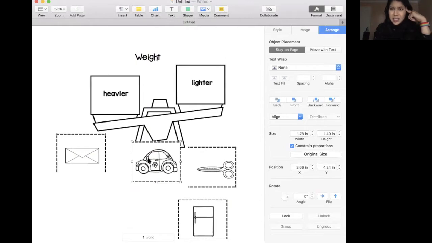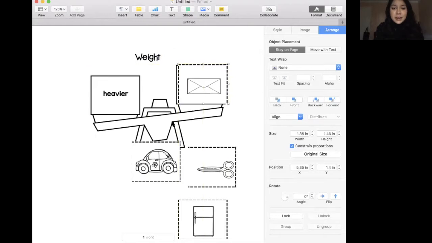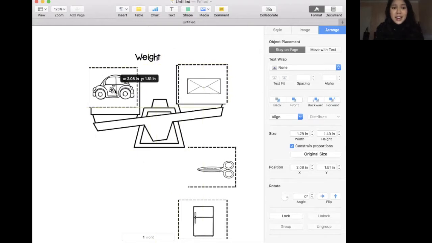Which one is heavier? I know I'm not strong enough to pick up a car, and I can pick up an envelope. So that must be lighter. Envelope, lighter. Car, heavier.